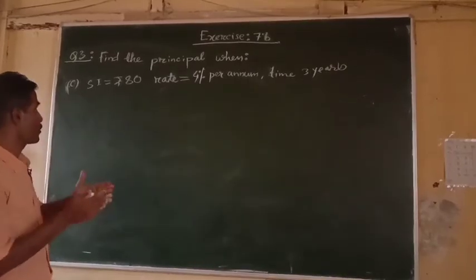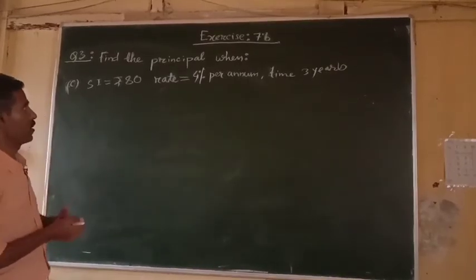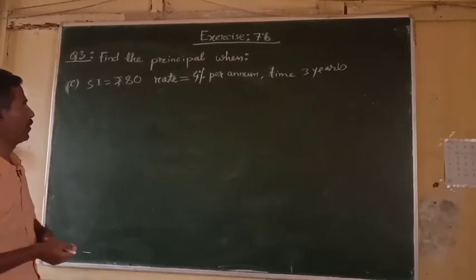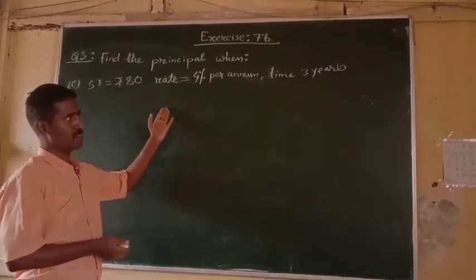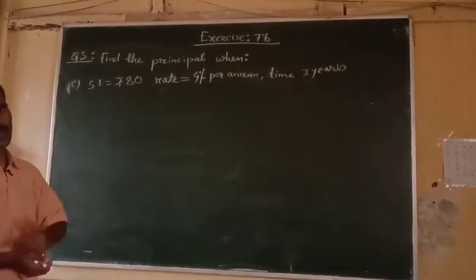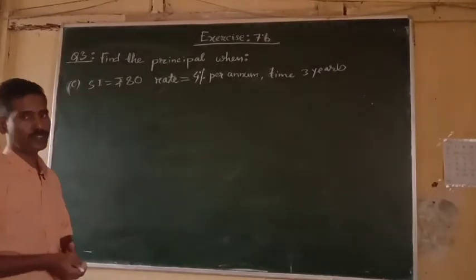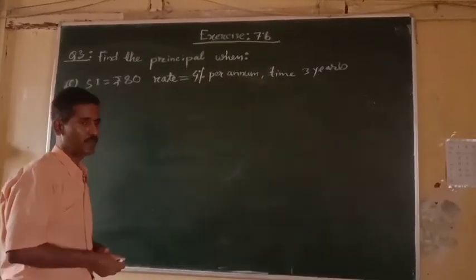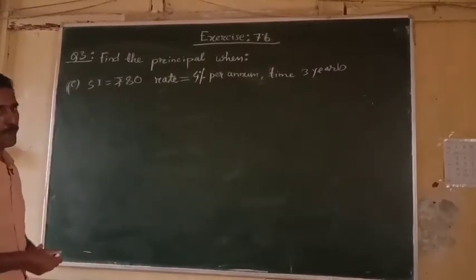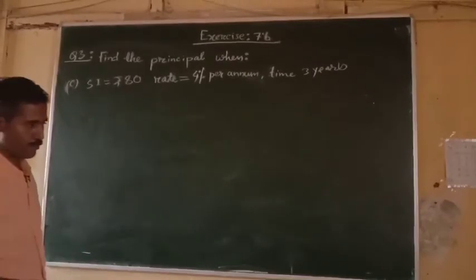Now let us proceed to question number 3. Okay, that is, find the principal when simple interest is given, rate of interest is given, and time is given. In the first question we found the simple interest, but in this question you have to find out the principal. Okay, same process.